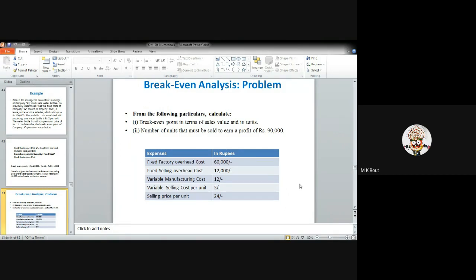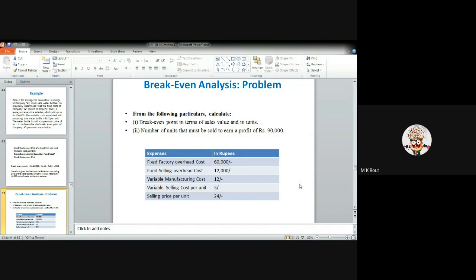In the second bit, you have to calculate the number of units that must be sold to earn a profit of rupees 90,000. Here the different expenses are given. Fixed factory overhead cost is 60,000. Fixed selling overhead cost is 12,000. Variable manufacturing cost is rupees 12. Variable selling cost per unit is 3. And selling price per unit is 24.